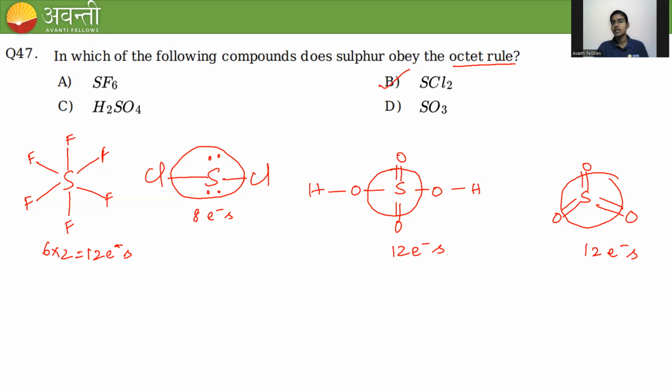So in options A, C and D, sulfur is having 12 electrons around it, meaning it has the expanded octet in those 3 cases. Whereas in case of SCl2, it is having 8 electrons around it, in which it obeys the octet rule. Got it? So option B is the correct answer for this question.